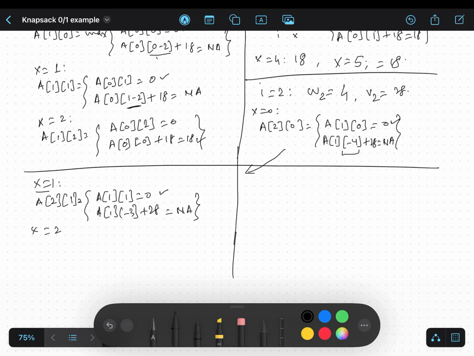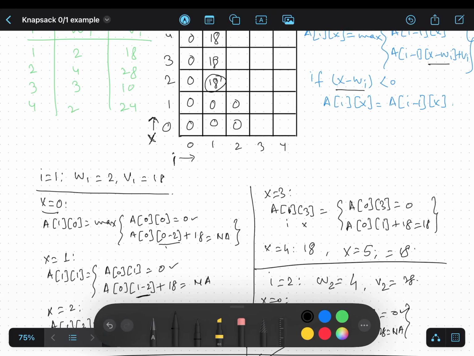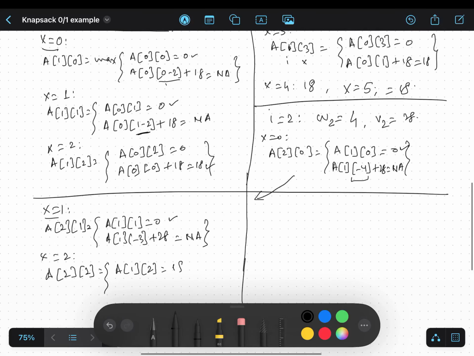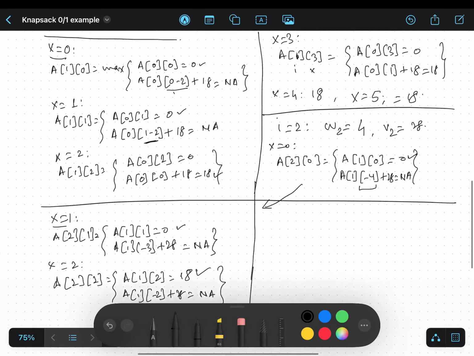Then x is equal to 2, A2 2 is equal to A1 2, which is 18, so we take 18, and the other one is A(i-1) is 1, and x minus w2 is 2 minus 4 is minus 2, plus 28, which is not applicable, and we are going to take the first one.